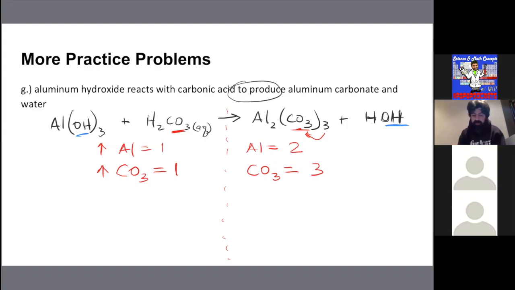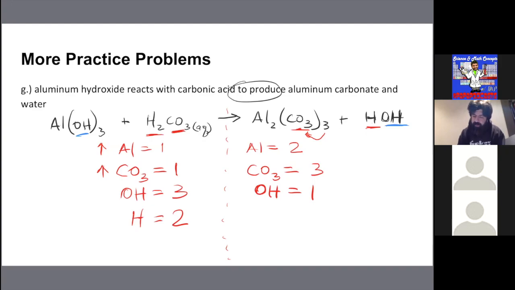If you have OH on one side, look for water on the other and rewrite water as HOH because it'll help you with balancing. So how many OHs do we have on this side? We've got 3 OHs on the reactant side. We have 1 OH on the product side. And then this hydrogen is to be balanced with that hydrogen. So on this side, we have 2 hydrogens.